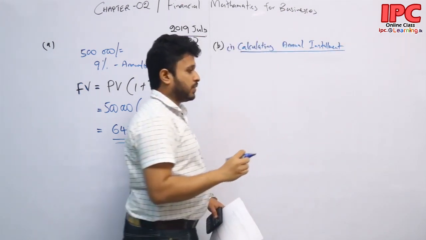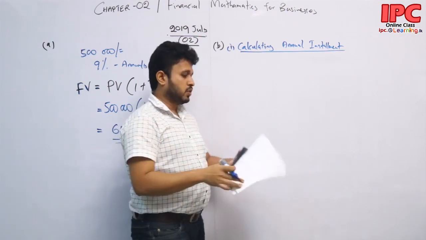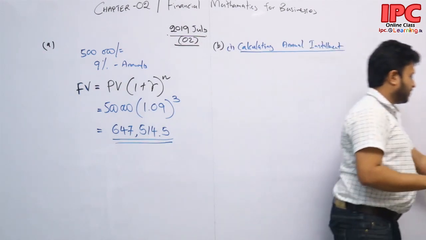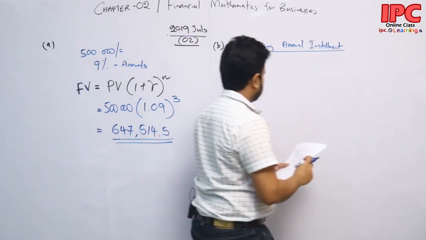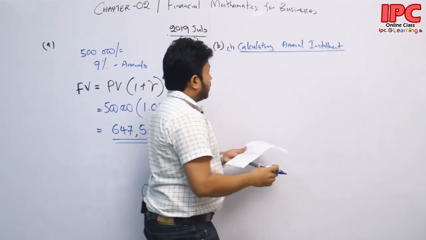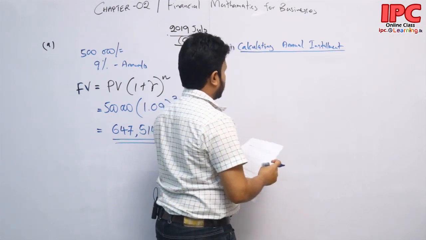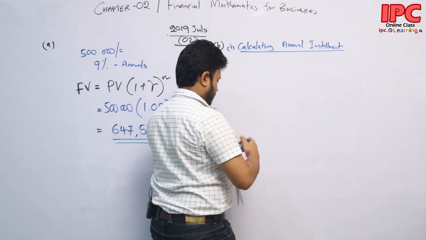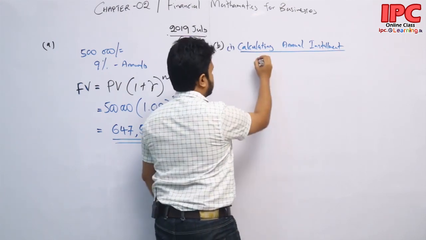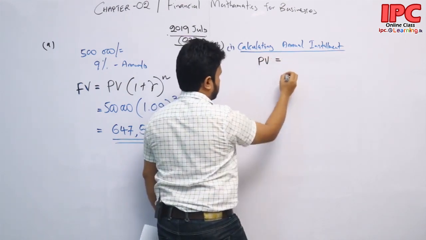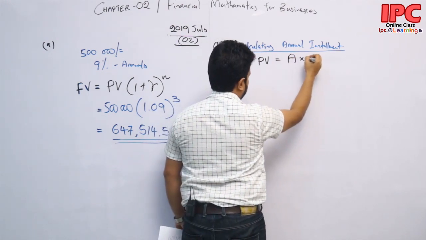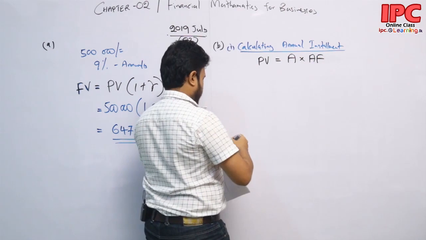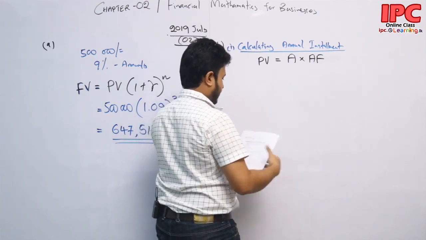So how are we going to calculate the annual installment value? The same way, the equation: present value is equal to annuity multiplied by annuity factor. Annuity multiplied by annuity factor.